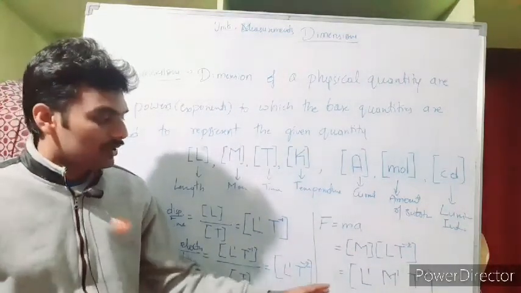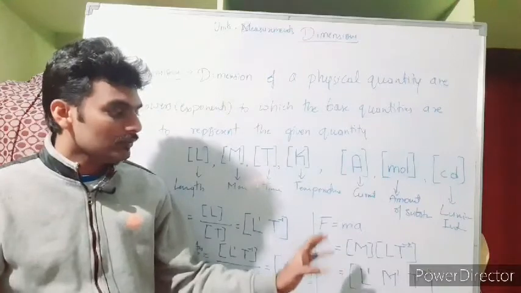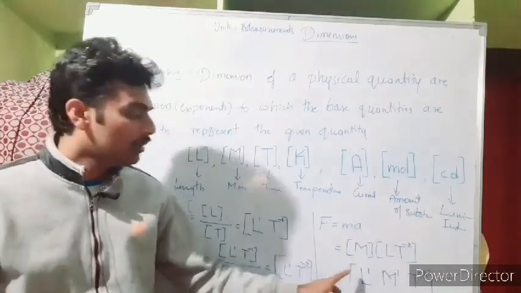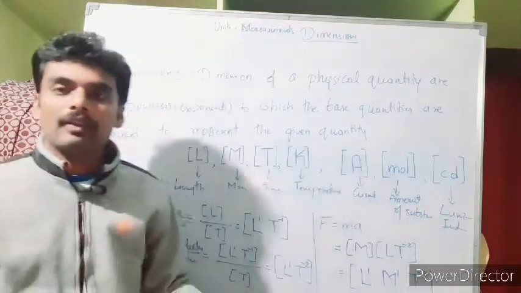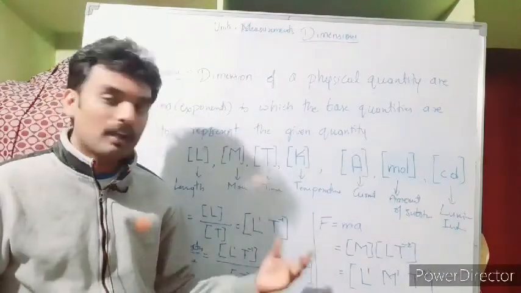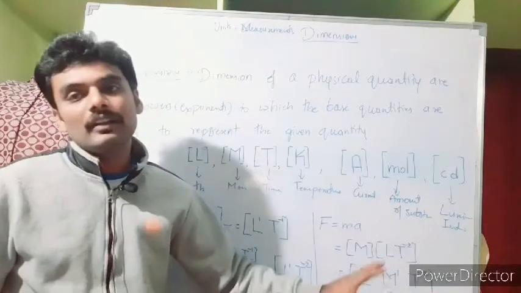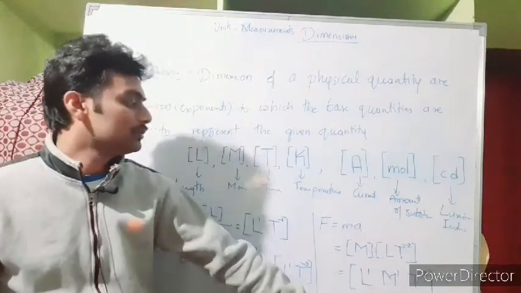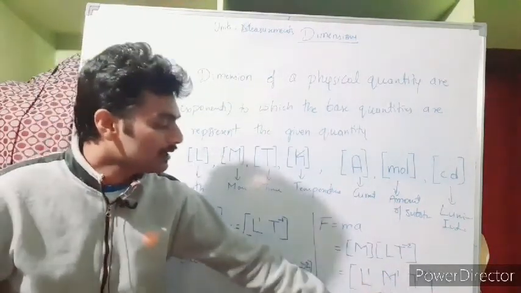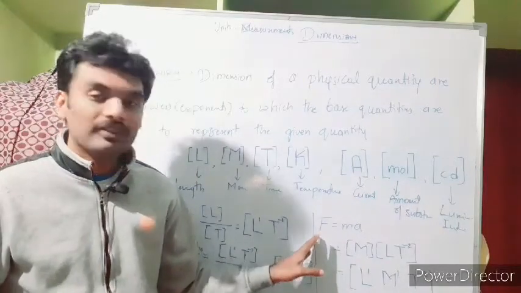The expression which involves how and which base quantities are used to get the dimension of the given physical quantity.